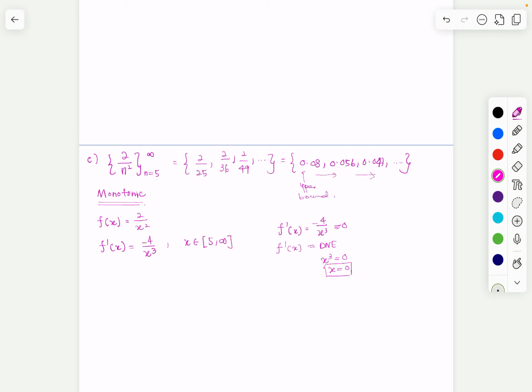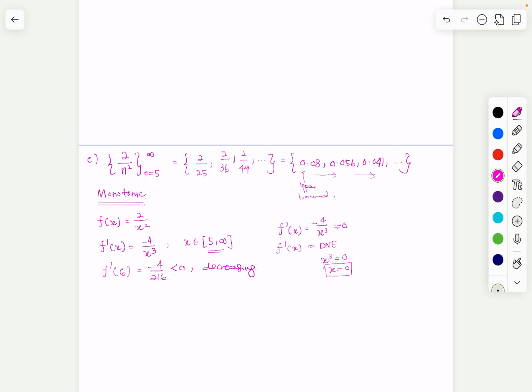Okay, so you can directly find if the function is increasing or decreasing. We have this first derivative. We plug in whatever value within this interval into the first derivative. So let's say I choose 6. Then you get negative 4 over 216, which is a negative number. Therefore this function is decreasing.